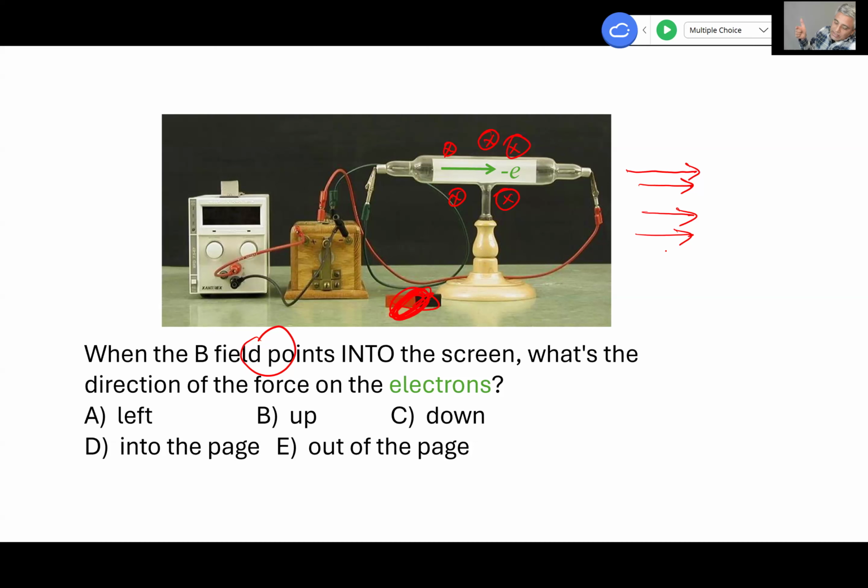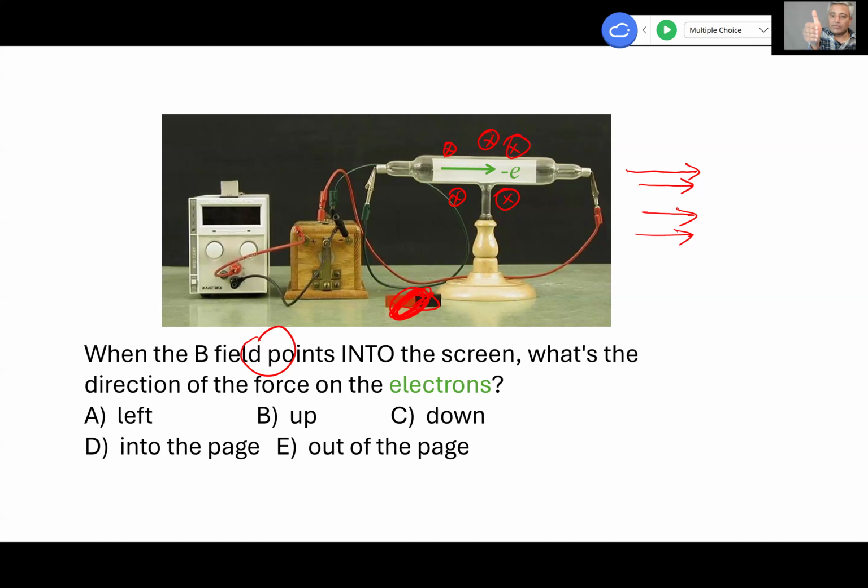In this case, it is going into the screen. My screen is right in front of me, so I am curling in the direction toward the screen.